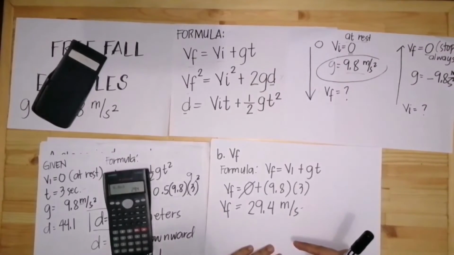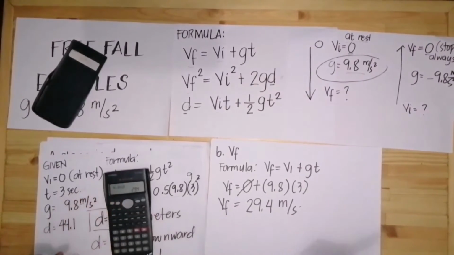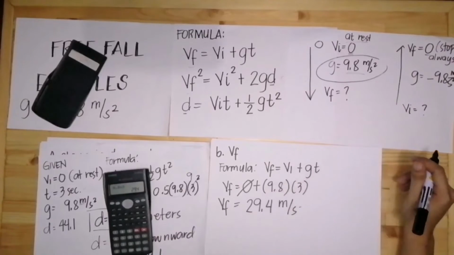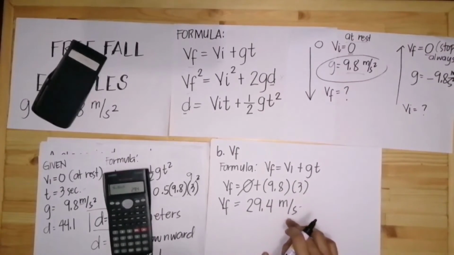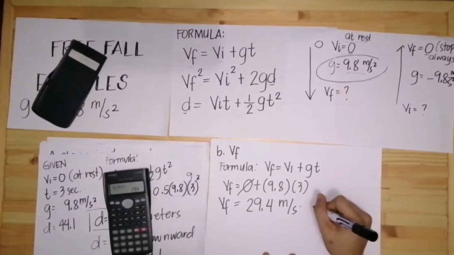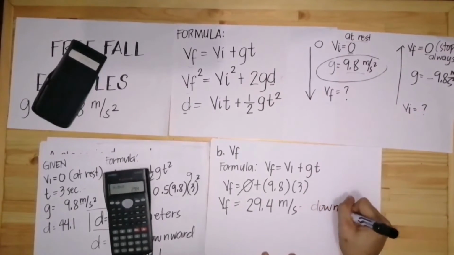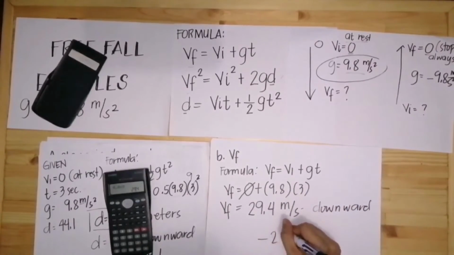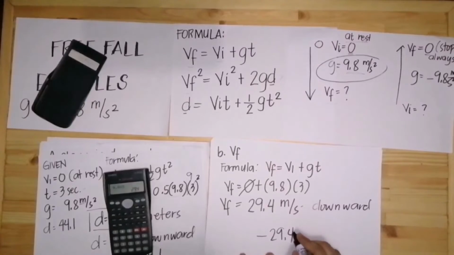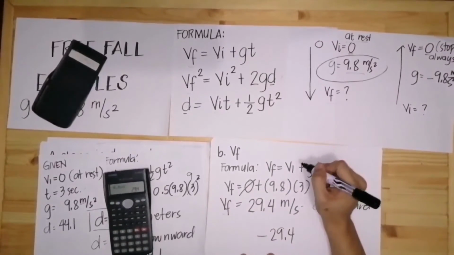So the speed of the object that is being dropped from a certain height is 29.4 meter per second downward. This could also be written as negative 29.4 kasi velocity, ang velocity ay vector quantity.